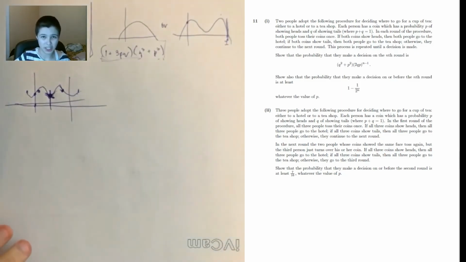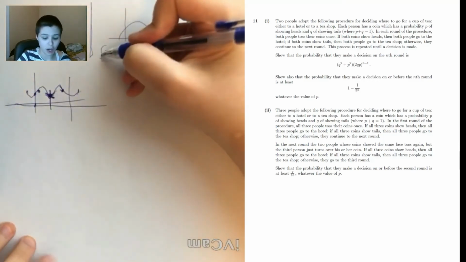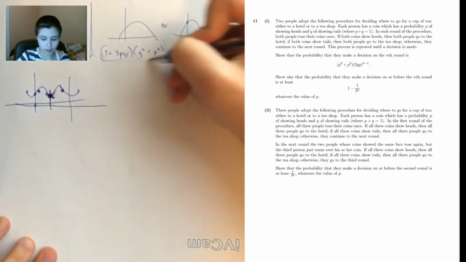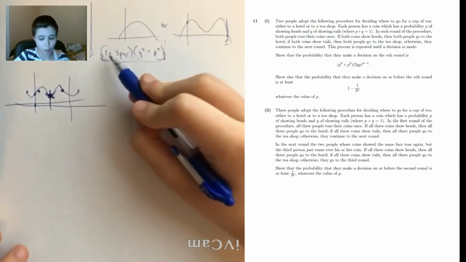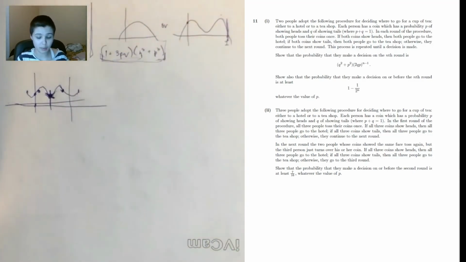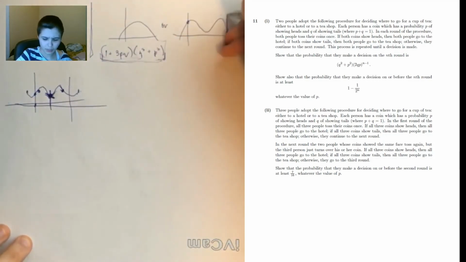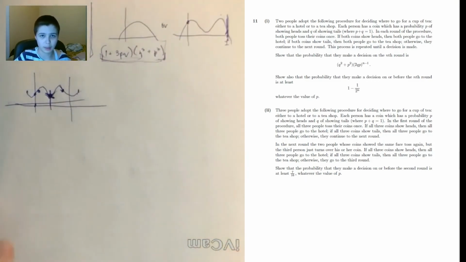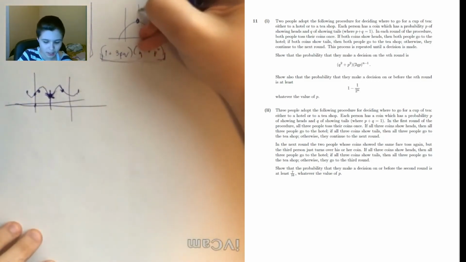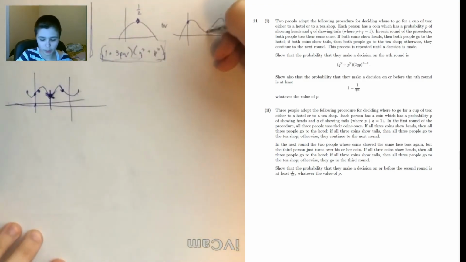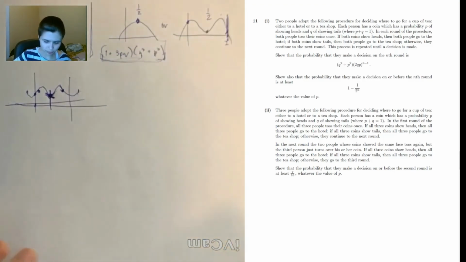I don't like differentiating twice, so I'm going to look at the result here for the probability, and I have 1 plus 3p times 1 minus p times 1 minus p cubed plus p cubed, and you realise here that the curve is going to be symmetric about p and 1 minus p, meaning that it's going to be symmetric about a half, because a half is the middle of p and 1 minus p. And so that means that the maximum or the minimum is at a half, 1 over 2.